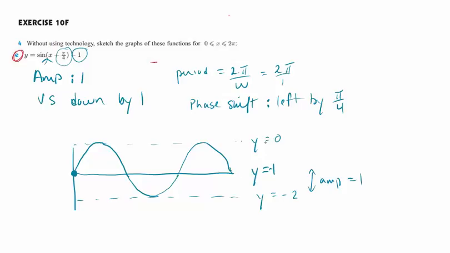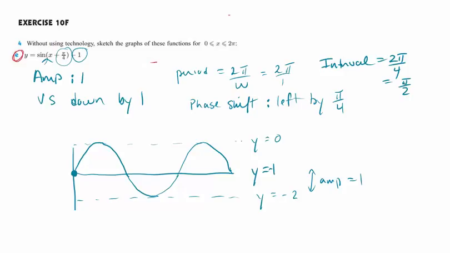So what has happened is we have that period, and our interval, because there's always 4 sections in each period, is going to be 2 pi over 4, which is pi over 2.